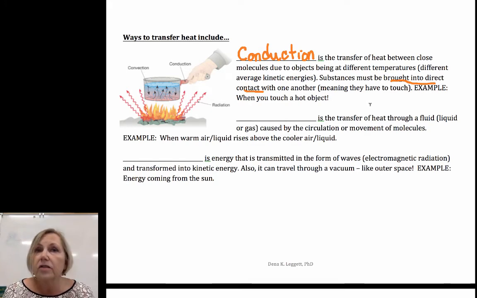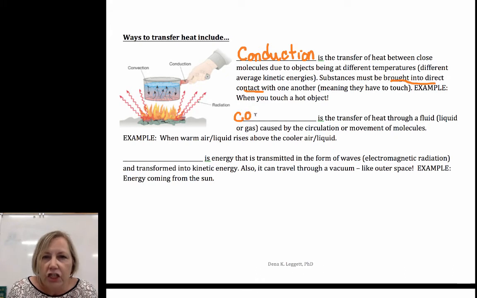So hot glass looks like cold glass. And if you touch a hot beaker, you're going to burn yourself. That's conduction.